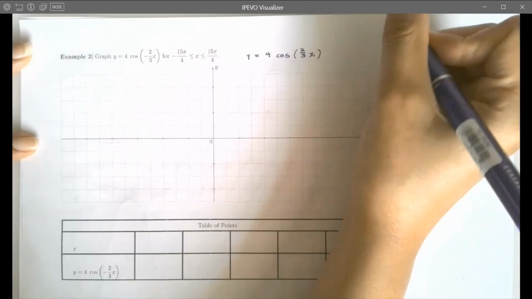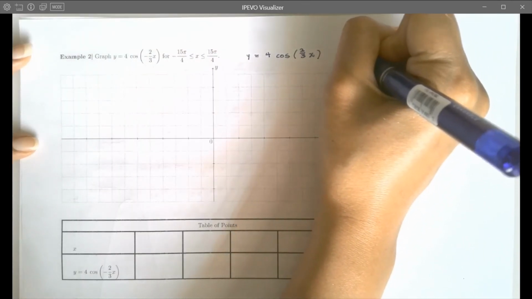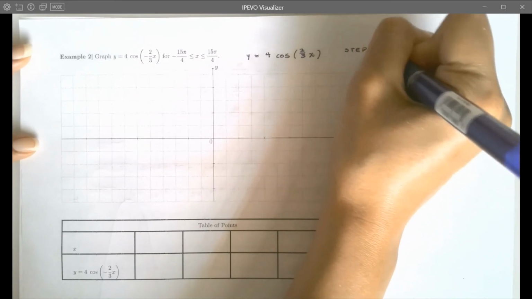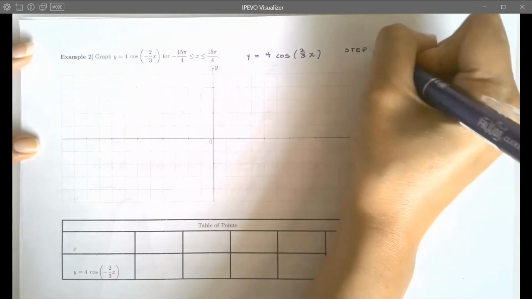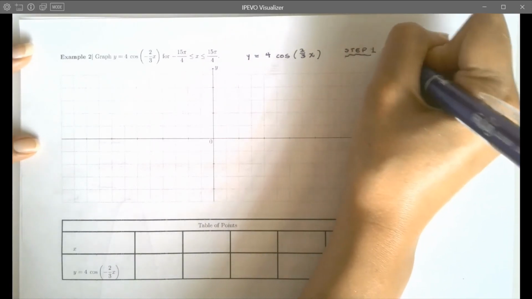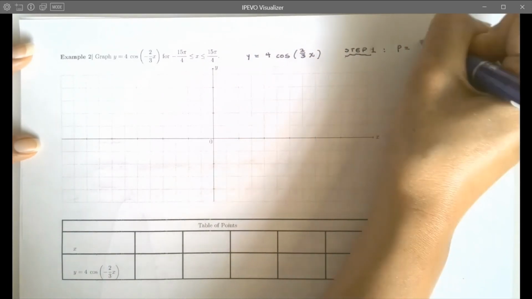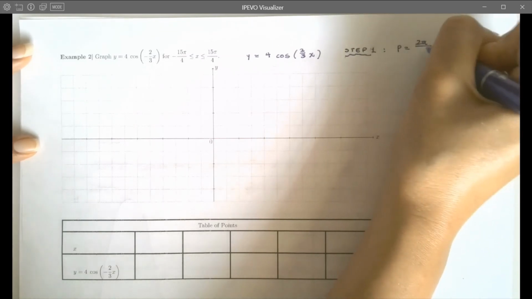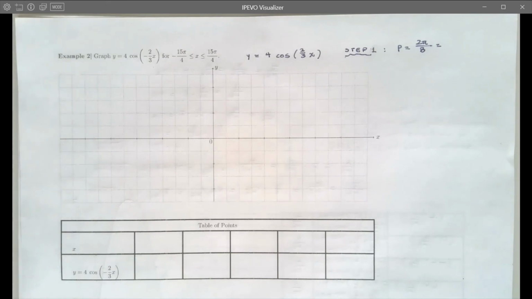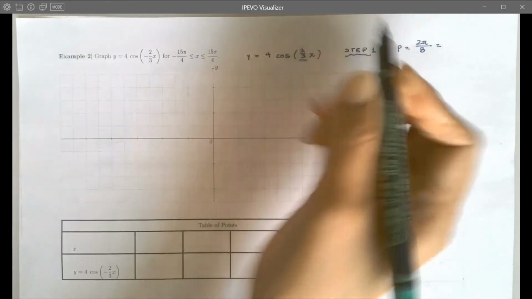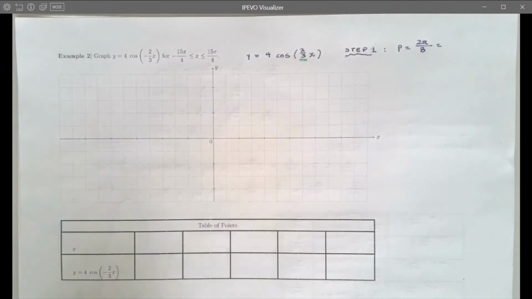Alright, so if we go through that series of steps that we were looking at for the previous example, the first step is to find the period. And the period is 2 pi divided by b, where b again is the number of cycles, or on the equation, it's going to be the coefficient of x.